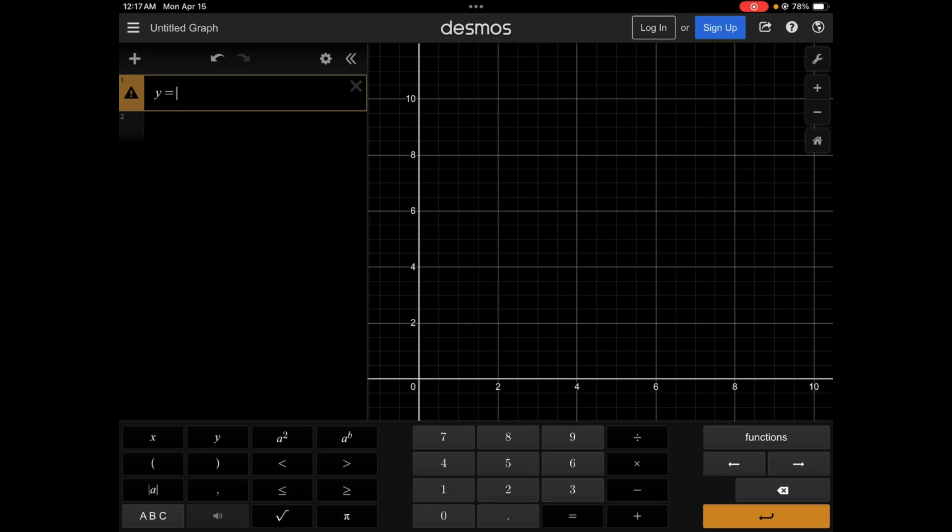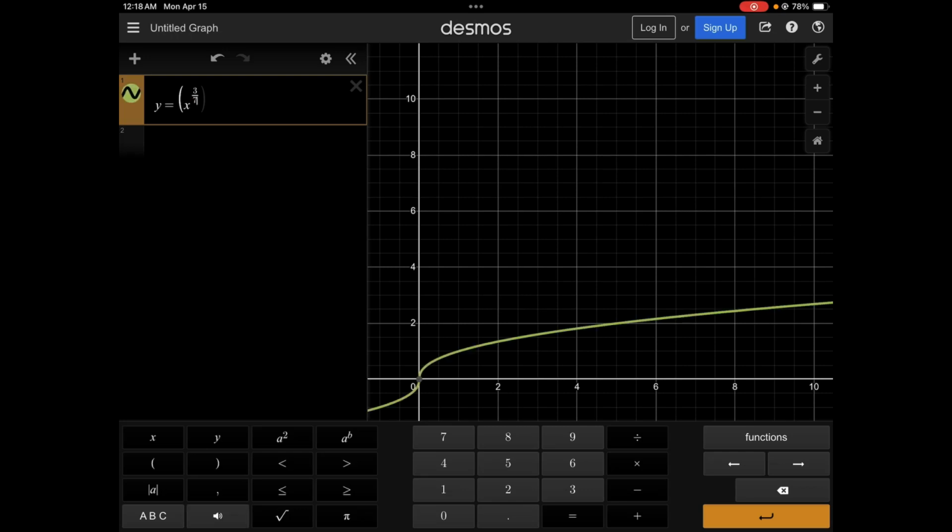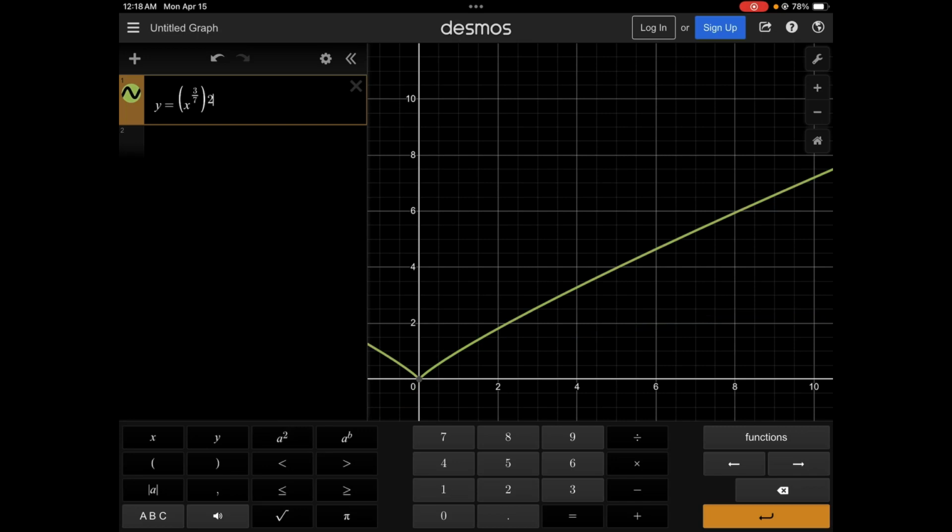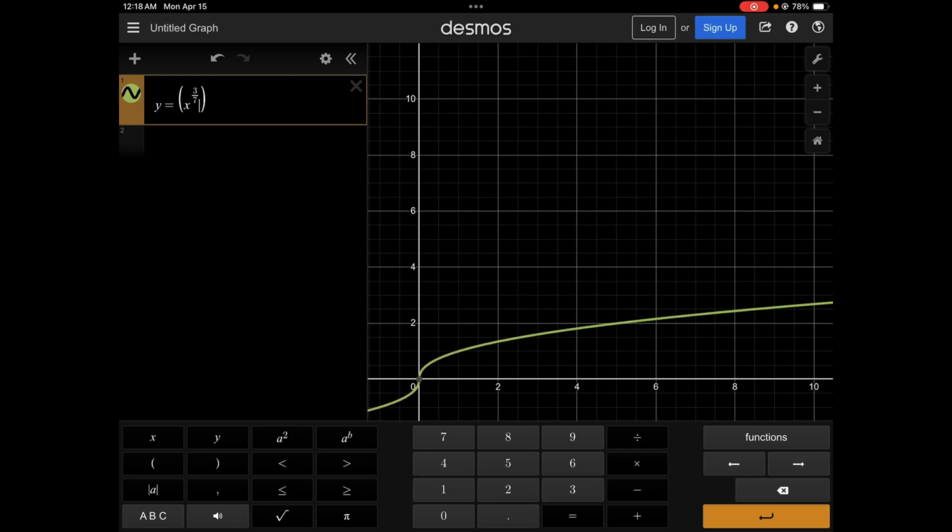Y equals, then I would write it exactly the way it is, x to the 3/7, then close the parenthesis, and all of it is squared. Oops. Let's see how I'm going to do that now.